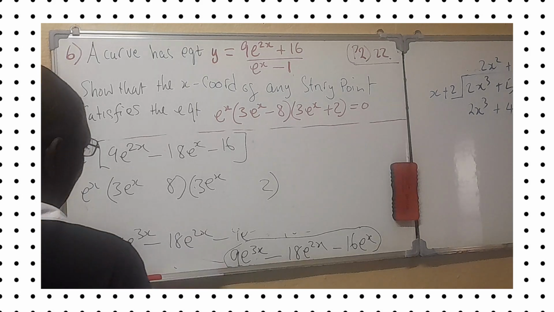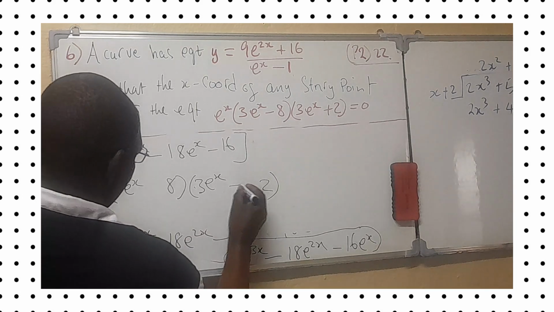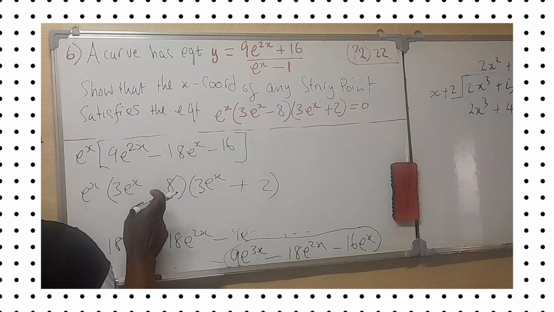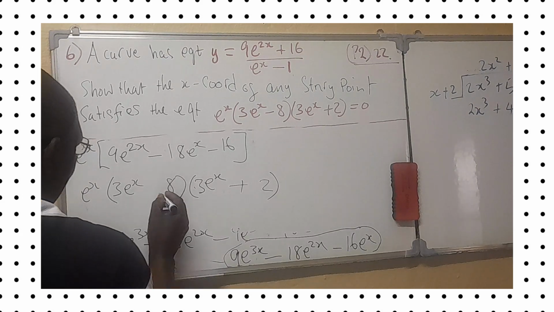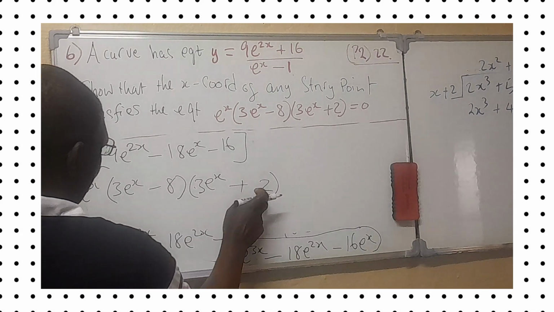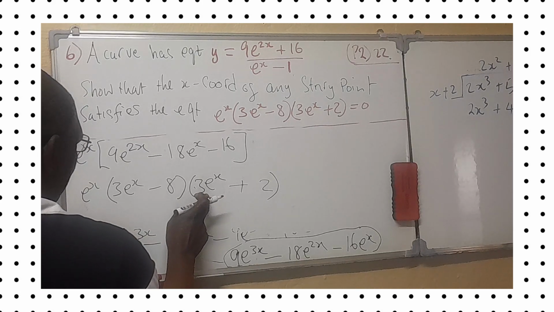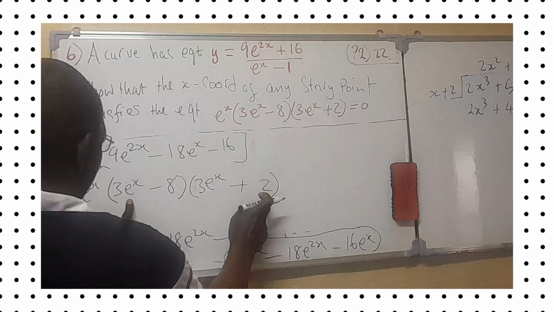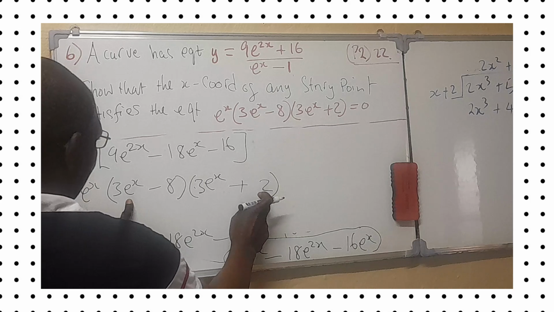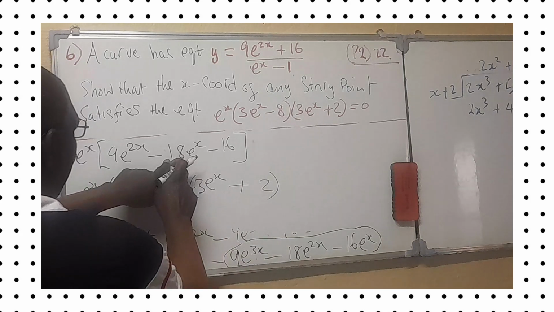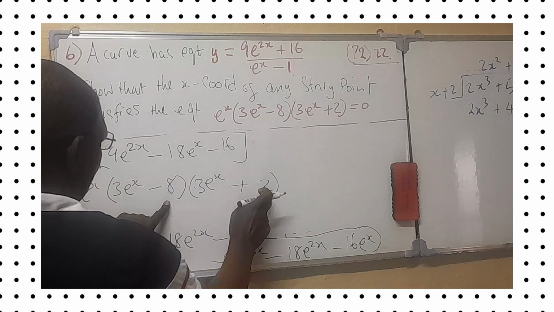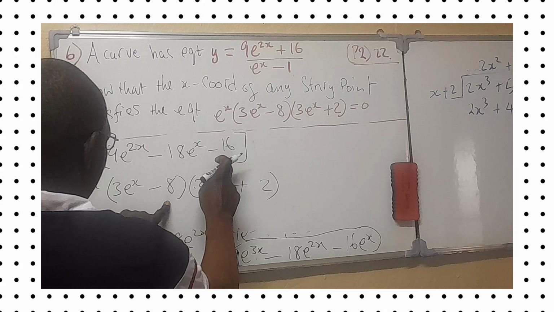Which one must be positive and which one must be negative? I need a minus 16, so it's a minus 8 and a minus 2. So now I have 24e to the power x plus 6; minus 24 plus 6 gives me a minus 18. 8 times minus 2 gives me a minus 16.